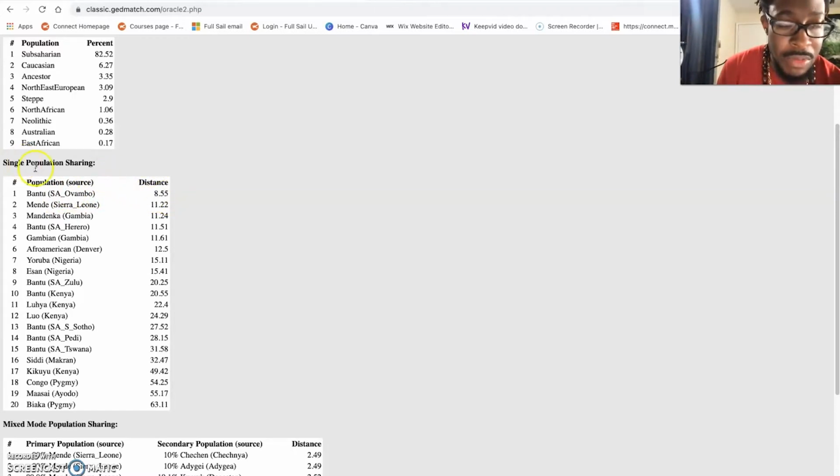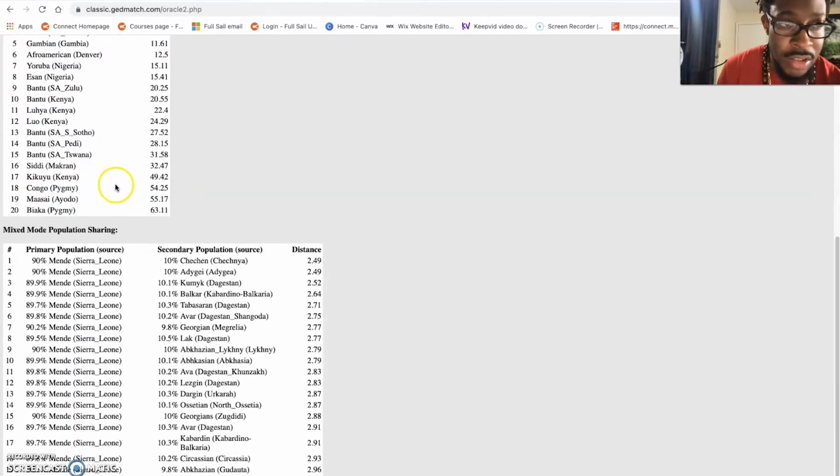Okay, but of course my people didn't come from one single population, so it's best to scroll down and go to the mixed mode population, and you have the primary population 90%, which gives you a higher chance. So many people from Sierra Leone, and the distance is even lower.